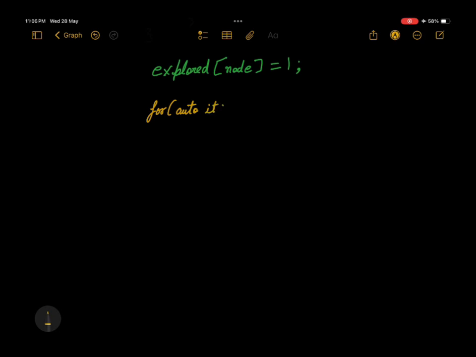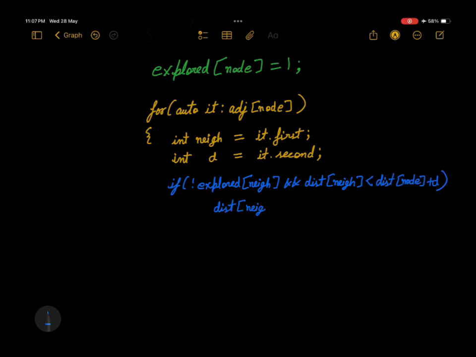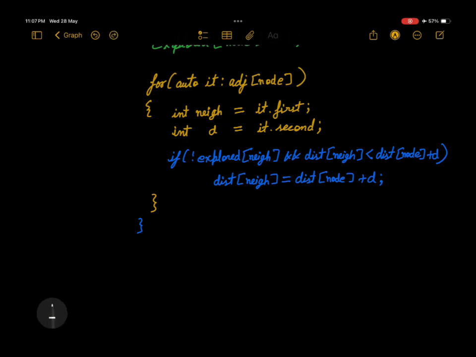Okay, now we will check for its neighbors. In the adjacency list, let's get the neighboring node and also the edge weight of this neighbor node from the parent node. Okay, now if this neighboring node is not explored and distance of neighboring node is less than the distance of node plus the edge weight, we will update it. Okay, the simple edge relaxing. At the end we will return the distance vector.